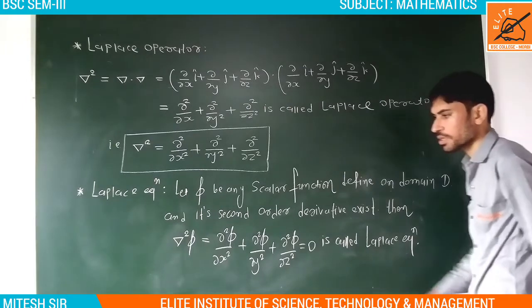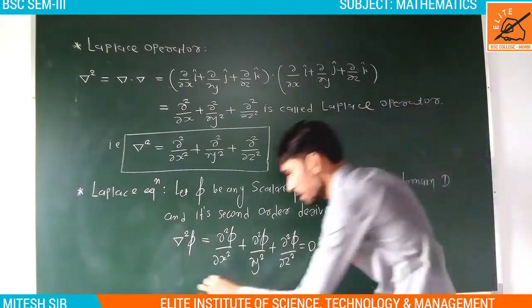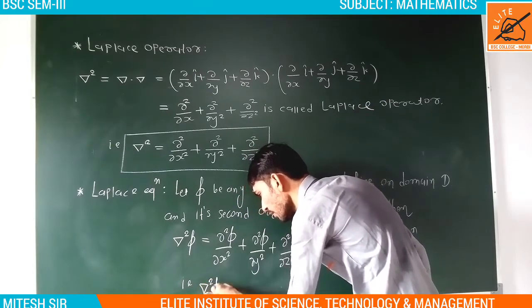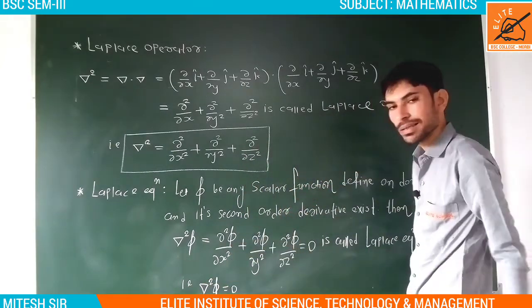So this is the definition of the Laplace equation. In short, nabla square phi is equal to 0 is called the Laplace equation.